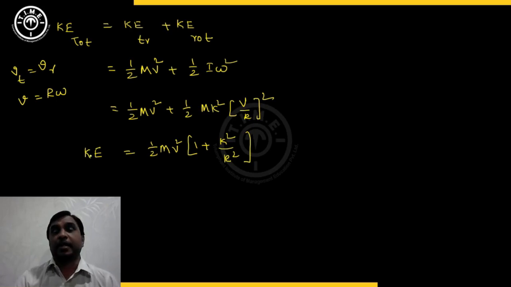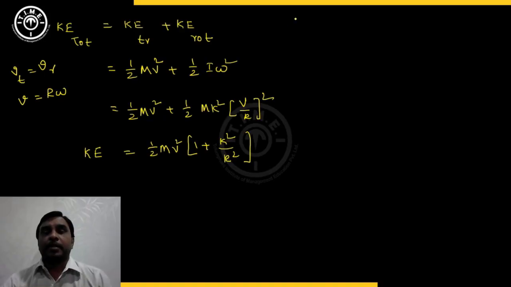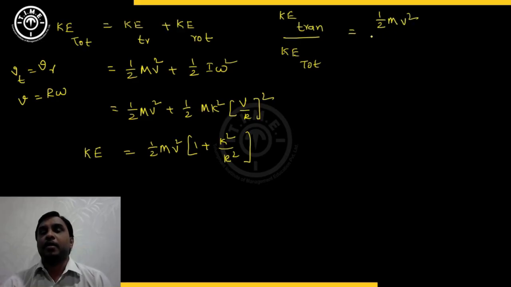This is the expression for kinetic energy of a rolling object. Total kinetic energy means kinetic energy due to translation as well as rotation. Then sometimes you'll be asked, what is the ratio of kinetic energy due to translatory motion to that of total kinetic energy. In that case, you can write kinetic energy due to translation as half mv square.